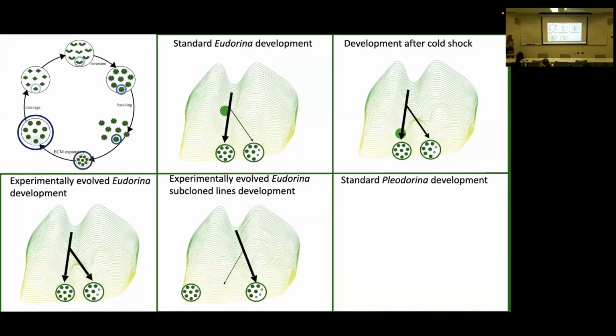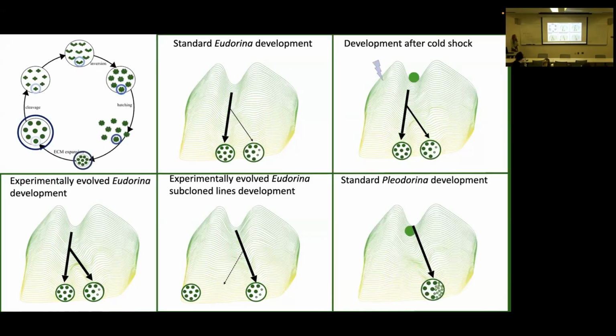In my experimentally evolved line that has obligate differentiation, development consistently proceeds along this pathway that results in somatic differentiation. And the pathway that leads to an undifferentiated state is much less accessible.